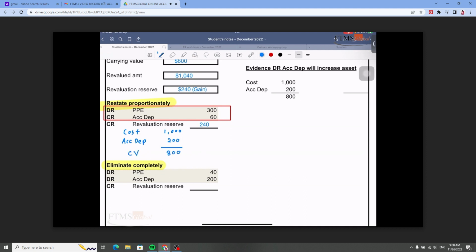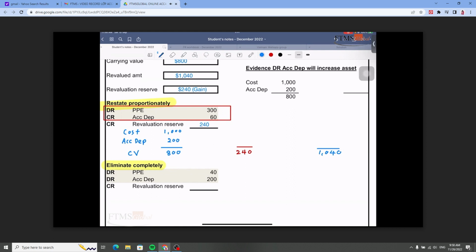We know our asset increased by 240, resulting in 1040 here. So nothing special, all from the question. 800 increased by 240, resulting in 1040.